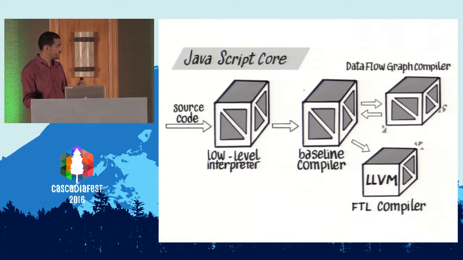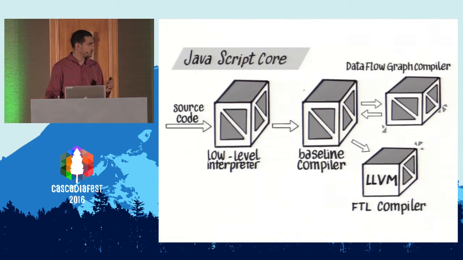If that number goes over 1,000 times for the statement, or the function is executed over 66 times, then it will be targeted by the DFG compiler. Once that number reaches 10,000, it will then apply for optimization with the FTL compiler.